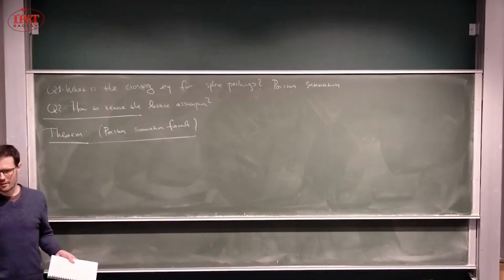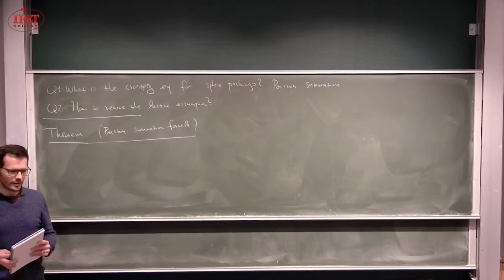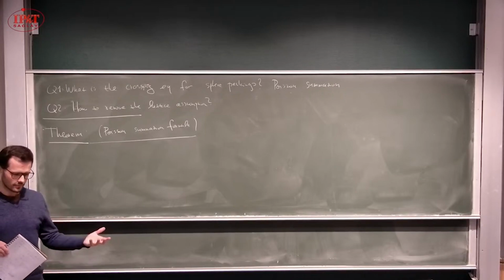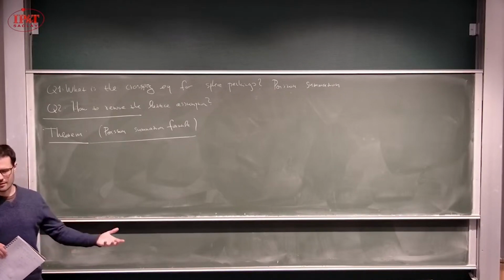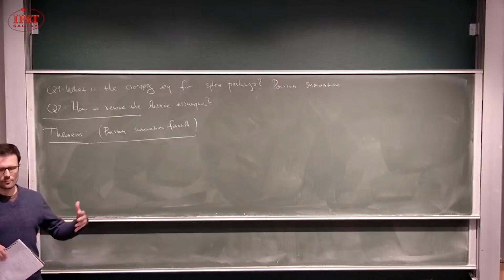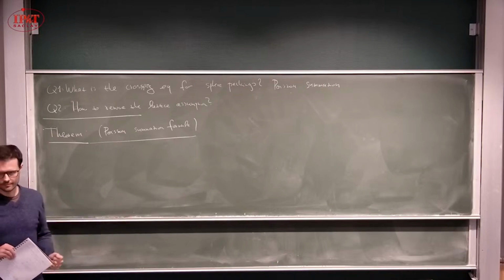If you take a lattice in d dimensions, then if you take some function decaying sufficiently fast, and you sum that function over a lattice, you get the same answer as summing the Fourier transform of the function over the dual lattice.